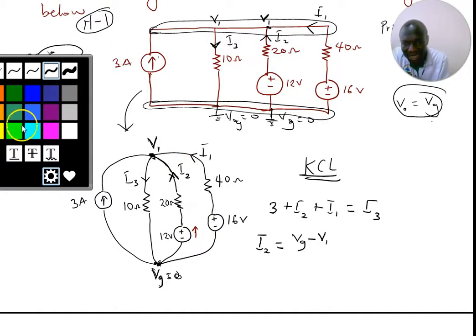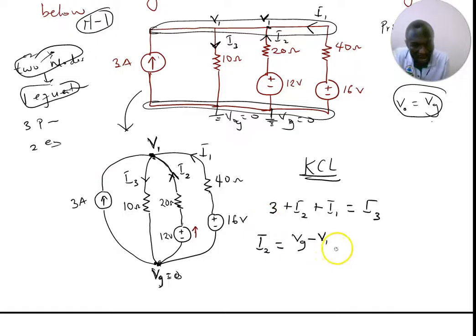So in that case, I'm going to add plus 12, all on the 20 ohms. If I simplify, VG is 0. So 0 minus V1 plus 12, all on 20.